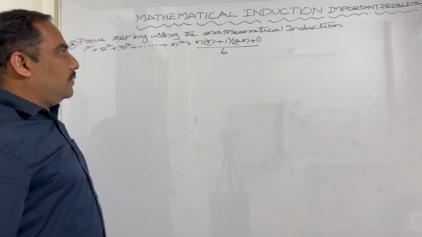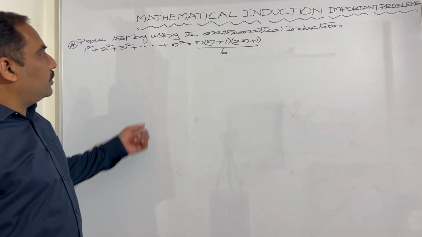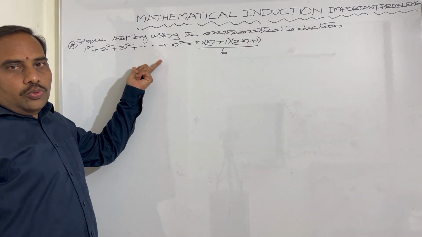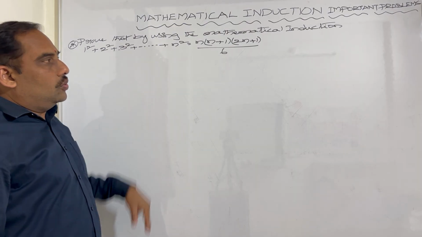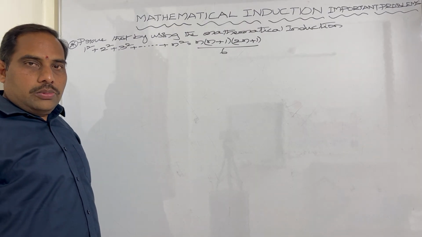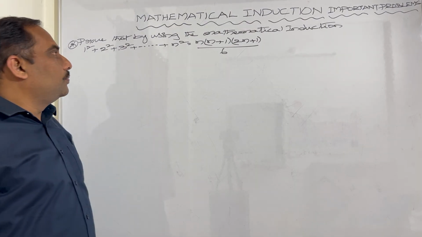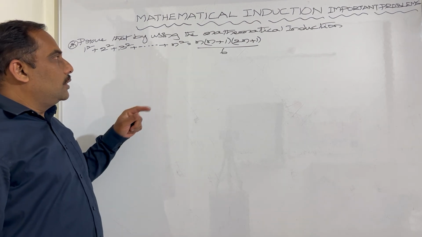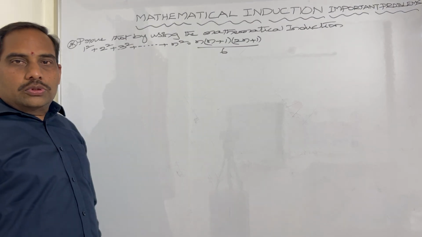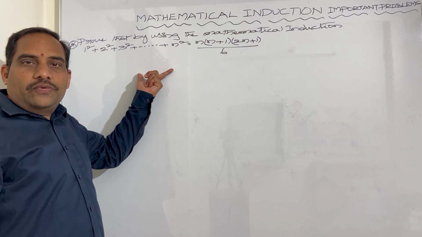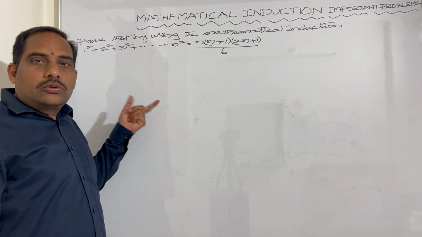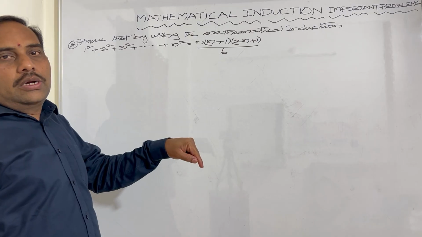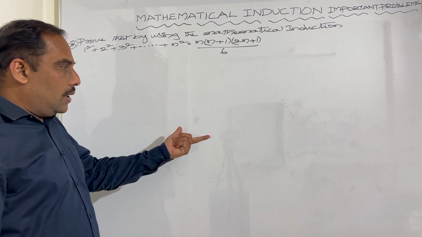We know the procedure of mathematical induction. Whenever a statement is given to prove, we use mathematical induction. We can solve this problem by using 3 steps. In step 1, you have to prove that the statement is true for n is equal to 1. In step 2, we assume that the statement is true for n is equal to k.